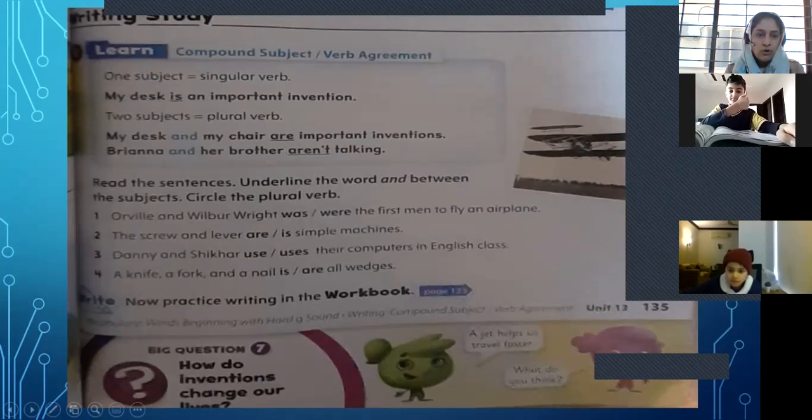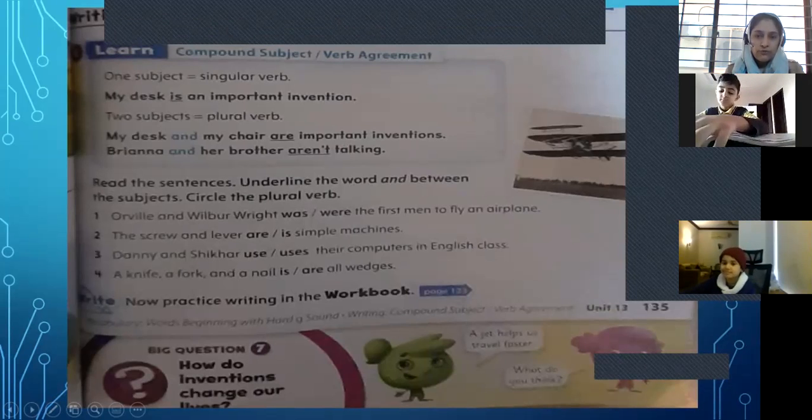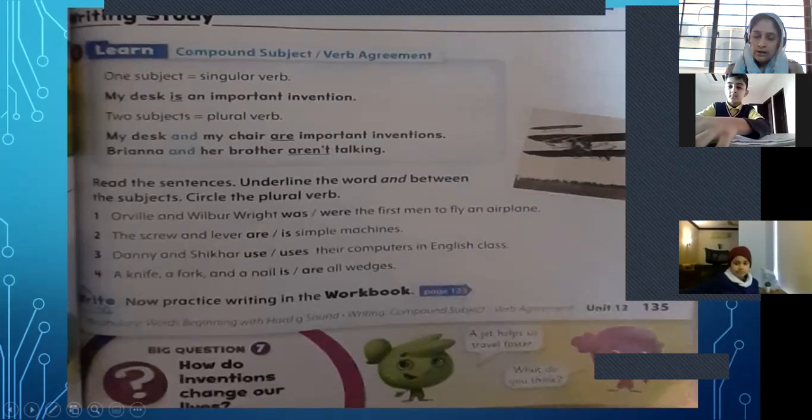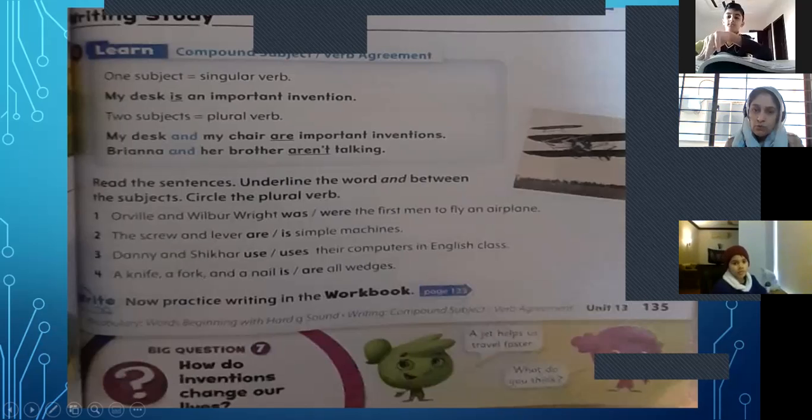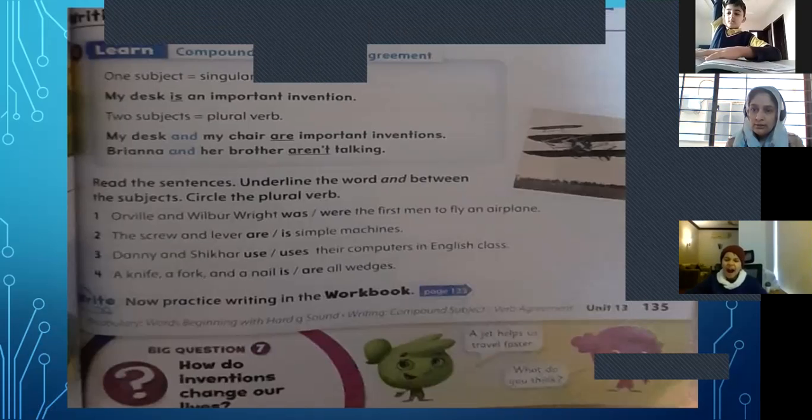Okay, good. So, Orville and Wilbur Wright was or were the first men to fly an airplane. So, you see over here in this sentence that Orville and Wilbur are two subjects. You're talking about plural subjects here. These are not singular. So, what would you use here, was the first men or were the first men? Yes, Ali Muhammad? Ma'am, were. Thank you.